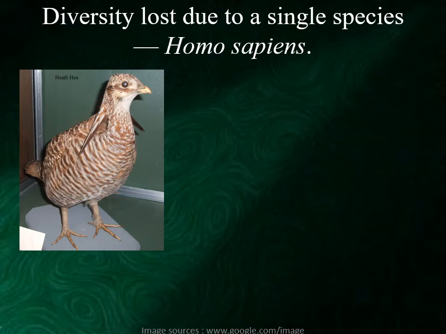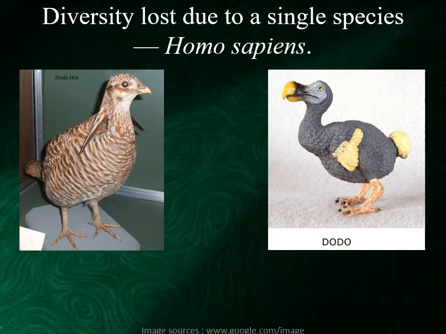After that, no heath hen was recorded anywhere. So you can see that with more and more hunting of heath hens, within a span of 100 to 120 years this species was completely lost from the earth, and that is due to the behavior of Homo sapiens.